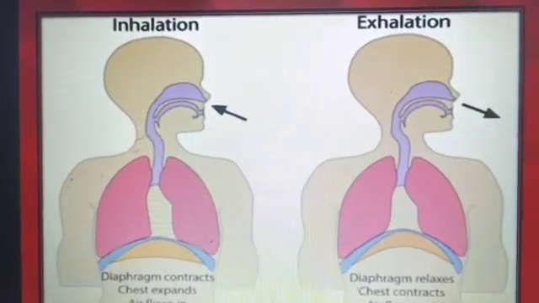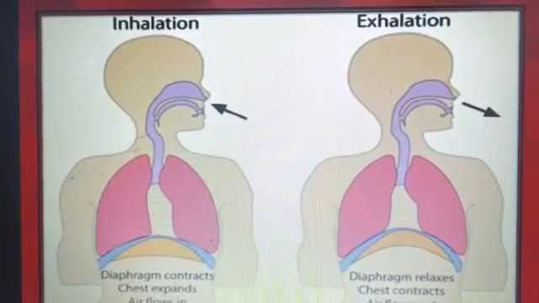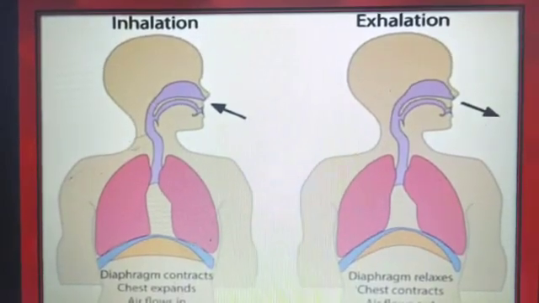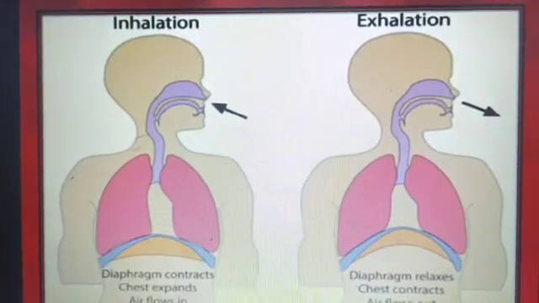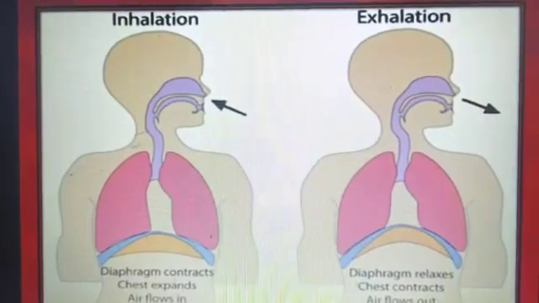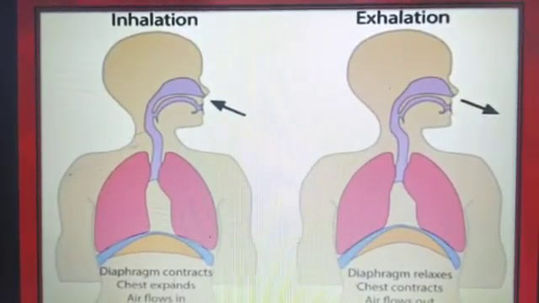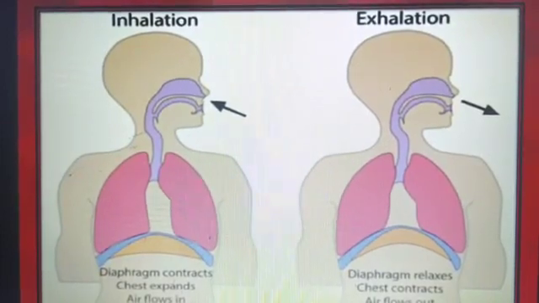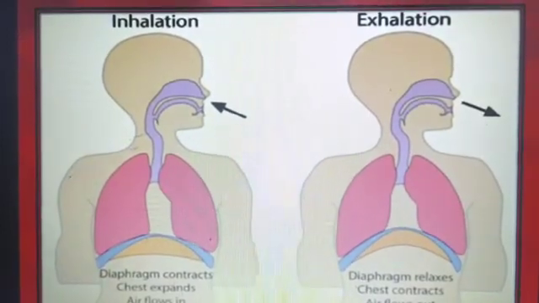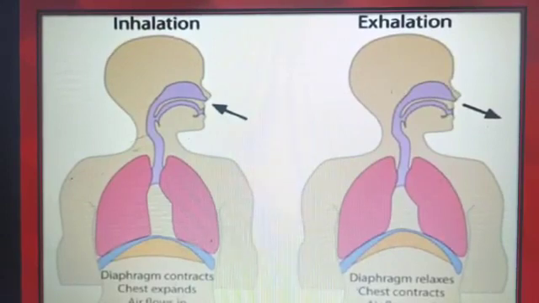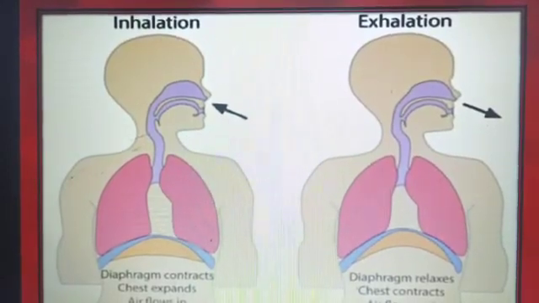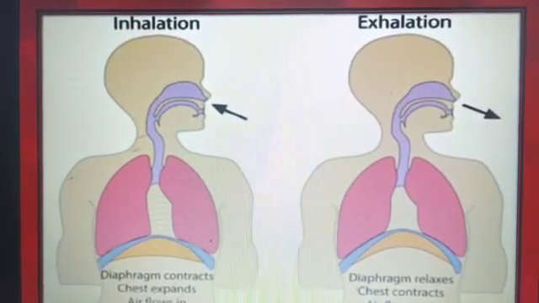This contraction pulls air into the lungs and our lungs expand and become bigger. But when we exhale, the diaphragm relaxes and returns to its dome-like shape and air is forced out of the lungs. So our lungs become smaller.